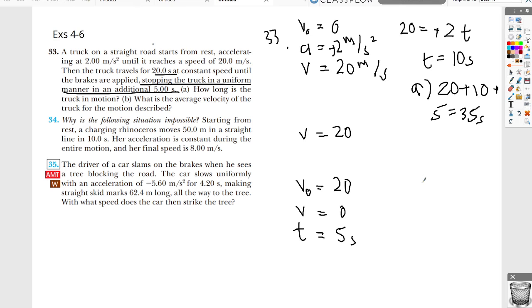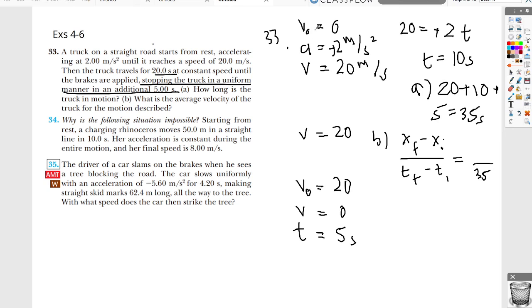We have to take the change in position over the change in time. So the total change in position over the total change in time. And the total change in time is 35. We know that. What's the change in position? We have no idea.